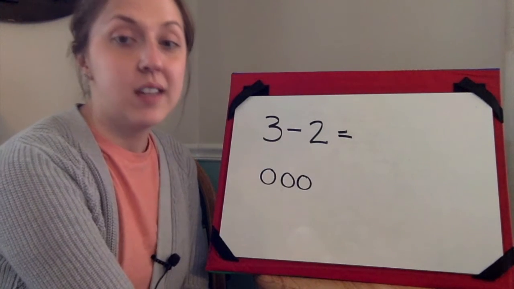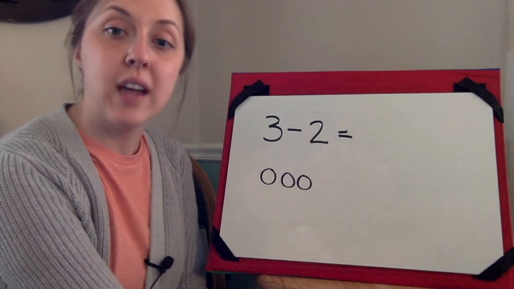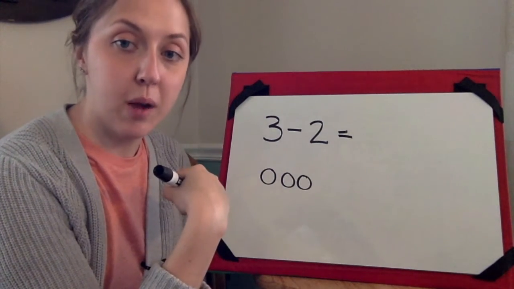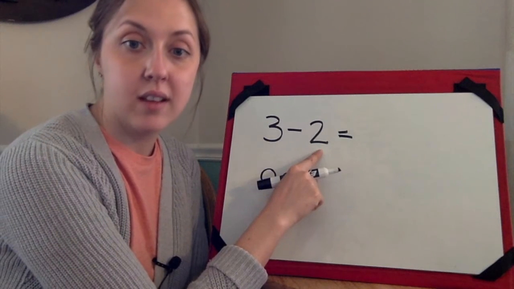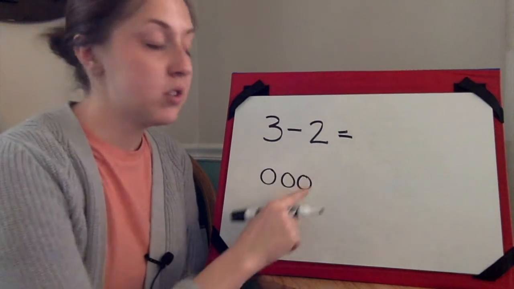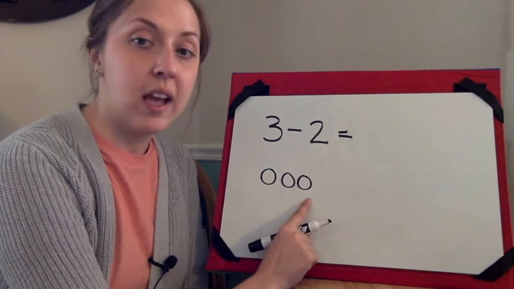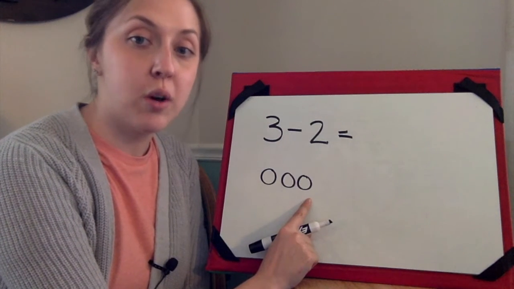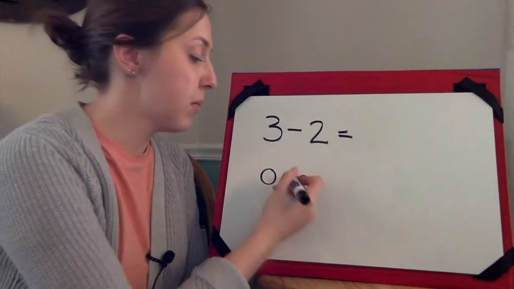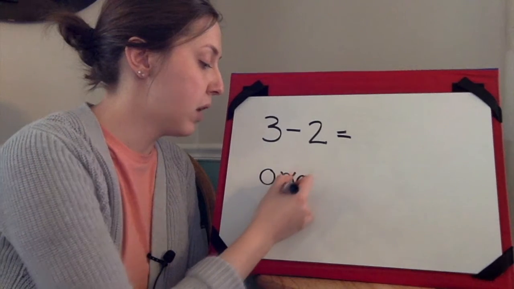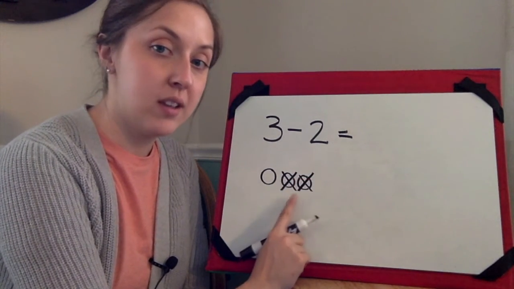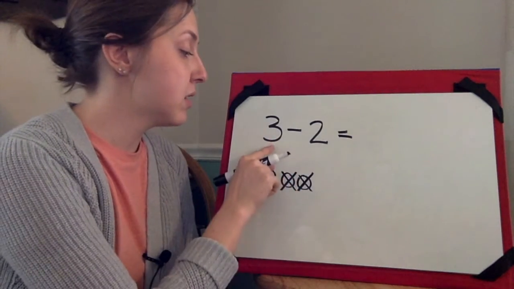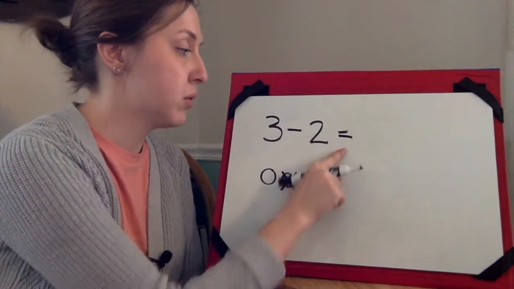Now, subtraction means it gets smaller. I need to take away part of my problem. The next number tells me how many I'm going to take away. This number is 2. So down here in my group of 3, I'm going to take 2 away. Instead of erasing them, I'm just going to put an X on them. 1, 2. How many did I take away? 2. So my problem says 3 minus 2 equals.